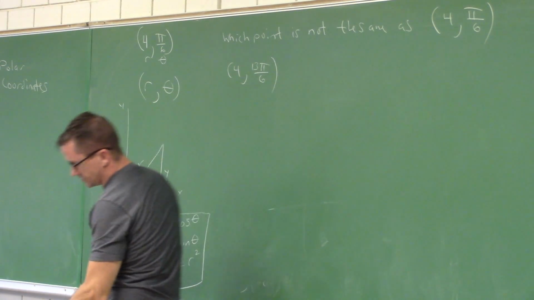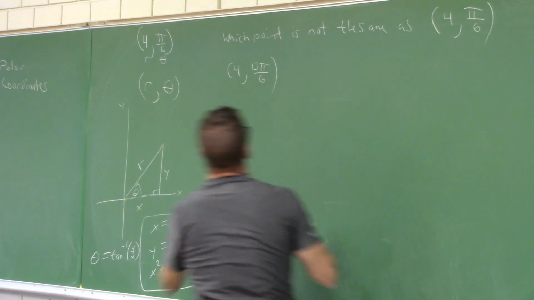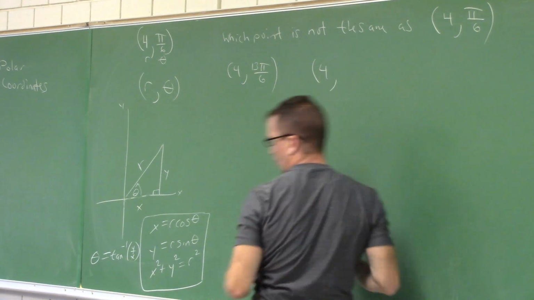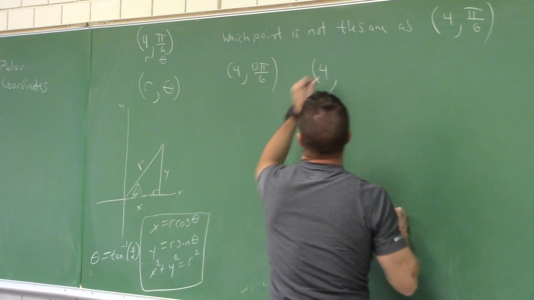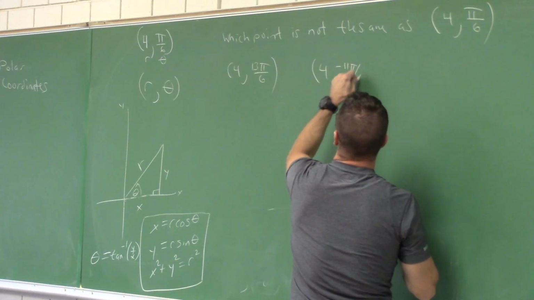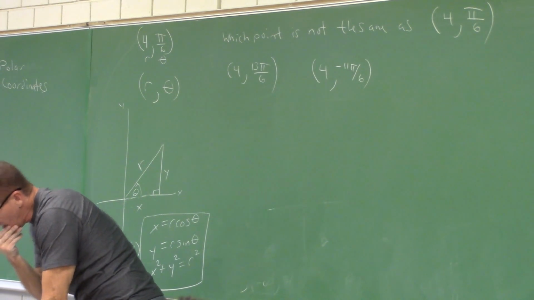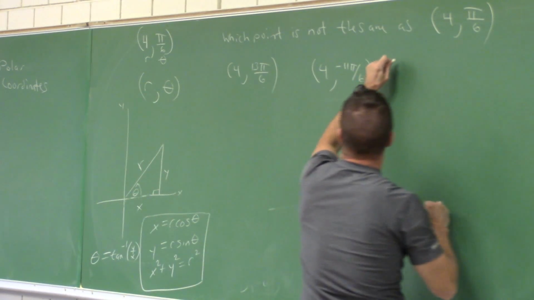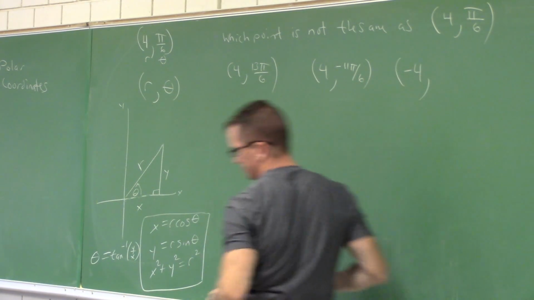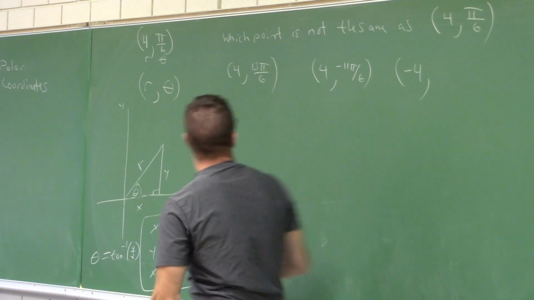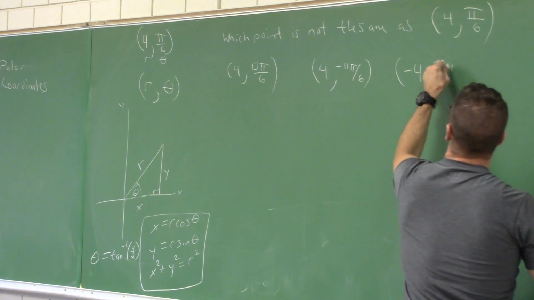4, 13 pi over 6. 4, make it 11 pi over 6. What else do I got there? I've got negative 4, 7 pi over 6.